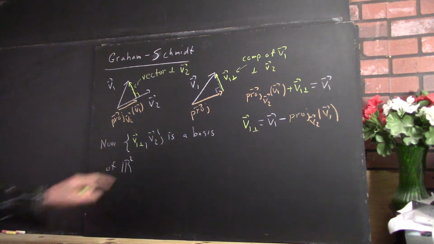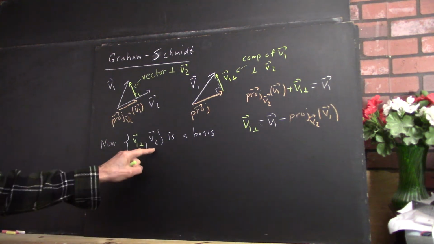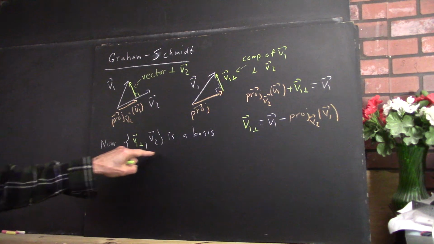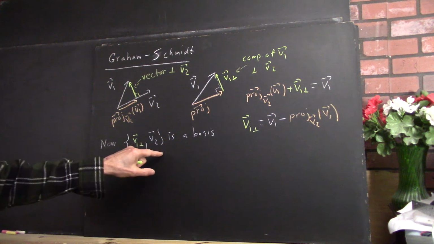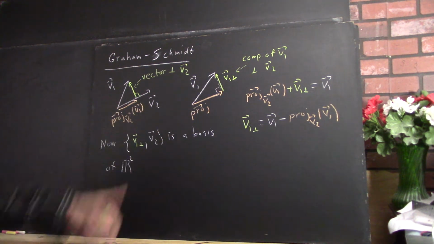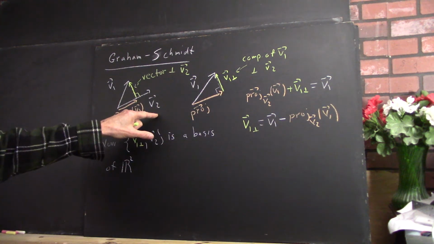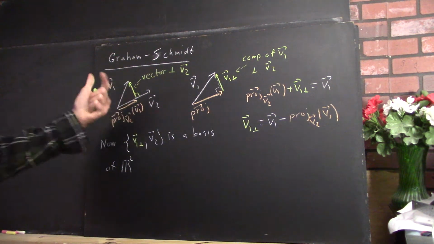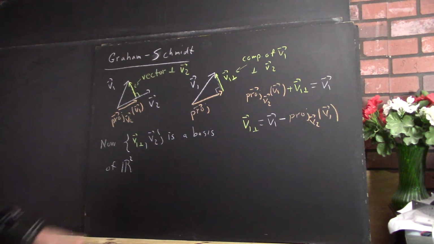We know it's a basis because they're two vectors in a two-dimensional space, and they're certainly not linearly dependent, because that means in R2 they'd be multiples of each other. And this is perpendicular to this. Okay? And we're assuming they're non-zero. They have to be non-zero because remember v1, v2 was originally a basis. Since v1 and v2 formed a basis, we know that those vectors aren't parallel. Okay, so it's now a basis of R2.